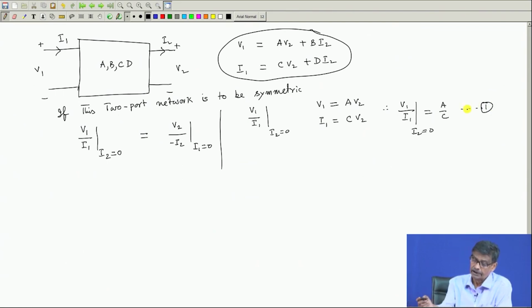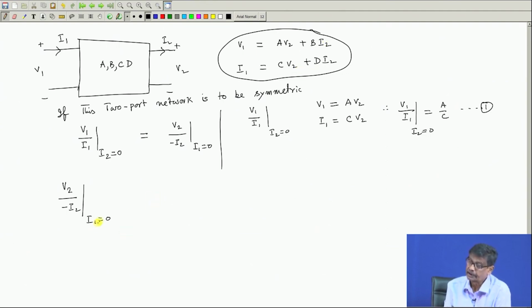Now, I have to calculate V 2 by minus I 2. For the second, I have to calculate V 2 divided by minus I 2 with I 1 equal to 0. Now, to calculate that, first let us see from these equations what we get.